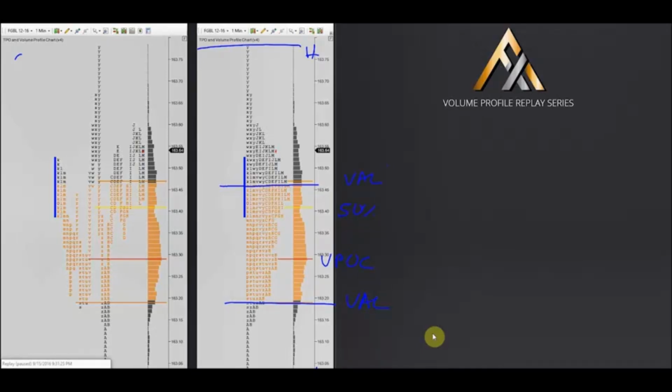We then have this wonderful little blue box here, which is our initial balance, or our first hour of trade, given this is the German Bund. We then also have the range of the value area. We then also have the range of the entire day, which is basically high minus low.